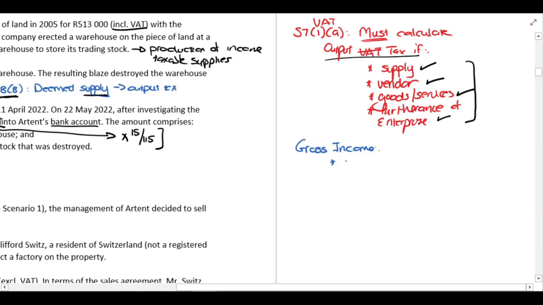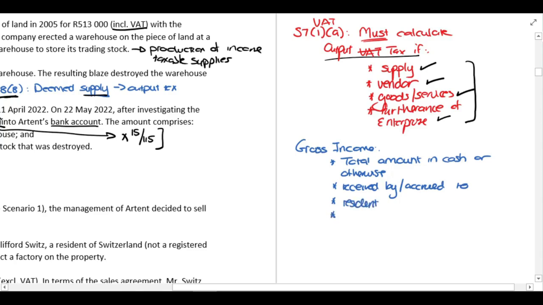Now, gross income says it is the total amount, in cash or otherwise, received by or accrued to a resident during the year of assessment, excluding capital nature.